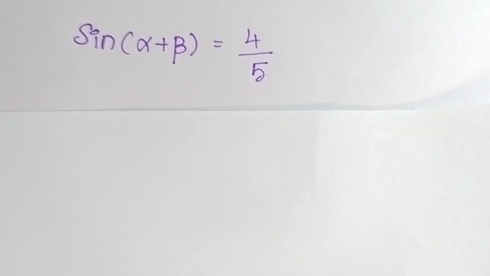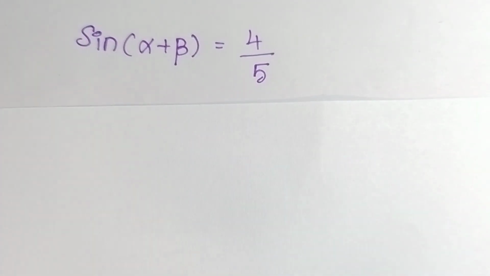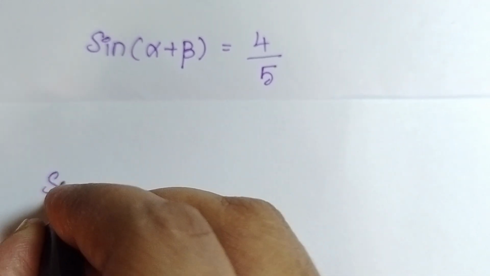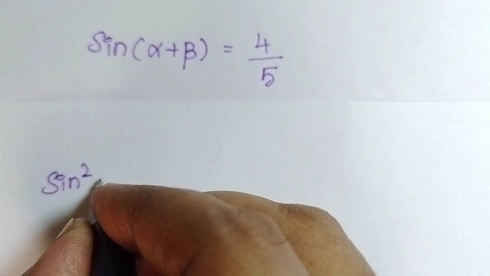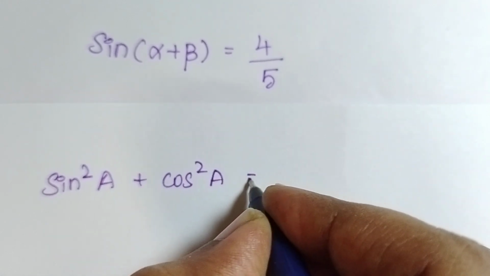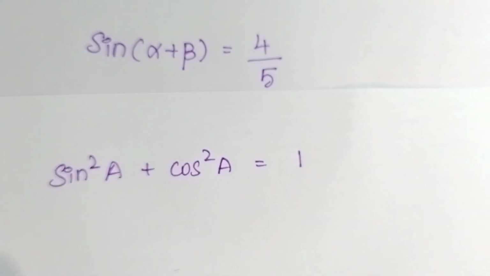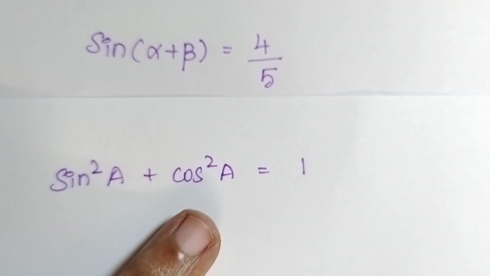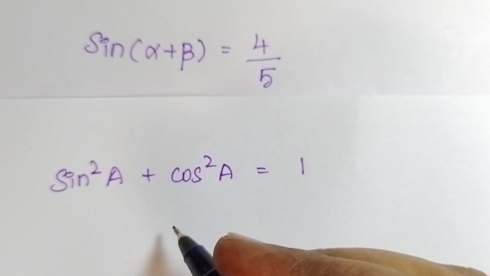For that we first need the relation between sin and cos. We know the famous relation: sin square A plus cos square A is equal to 1. So by using sin we can find the cos.